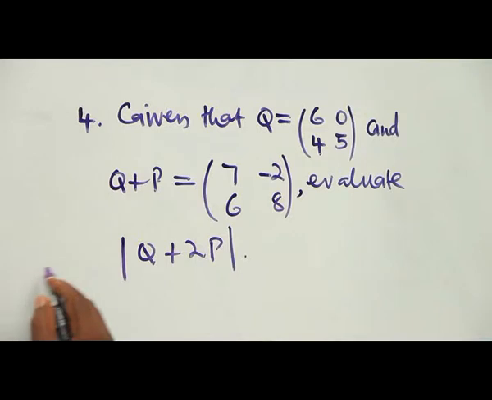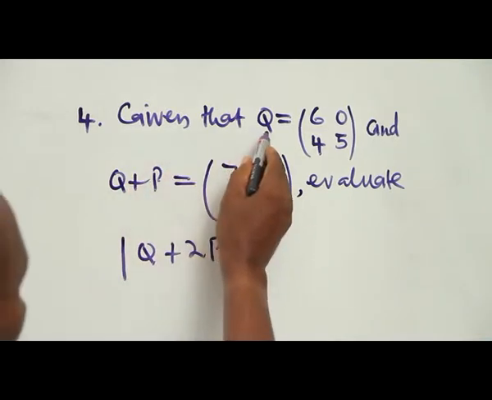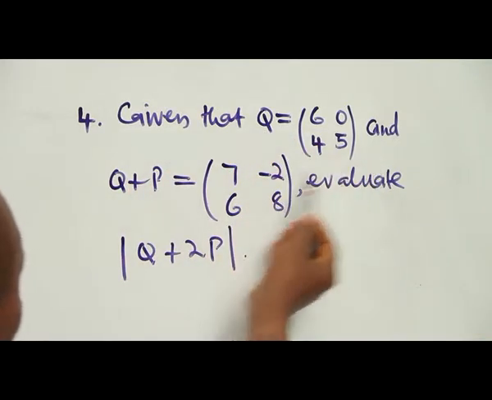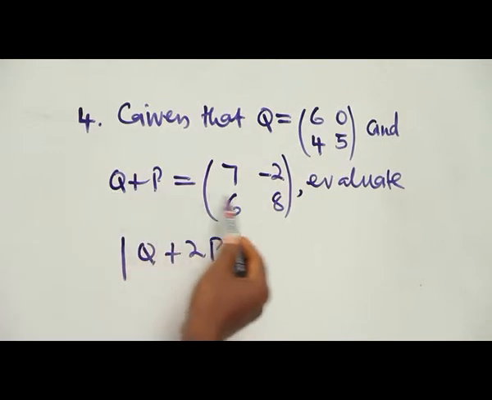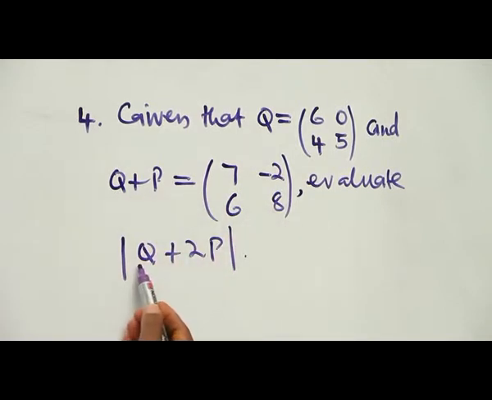Example 4. Given that the matrix Q is equal to this, and the matrix Q plus P is equal to this, evaluate the determinant of Q plus 2P.